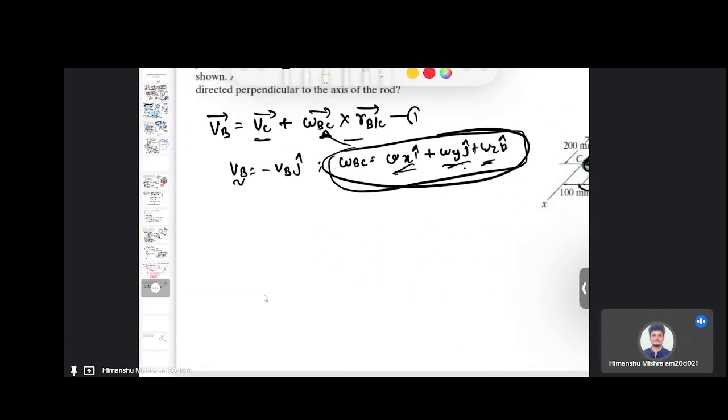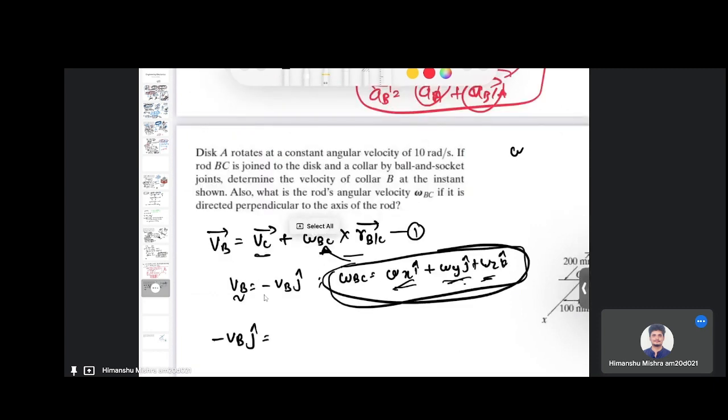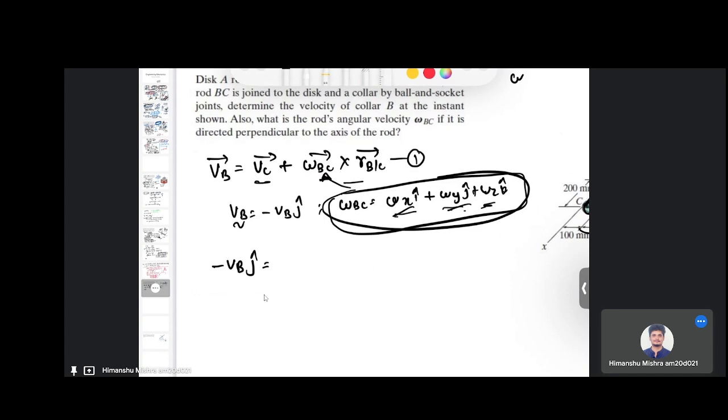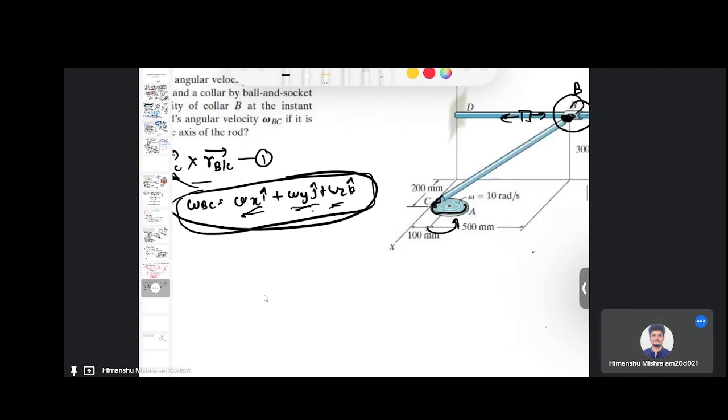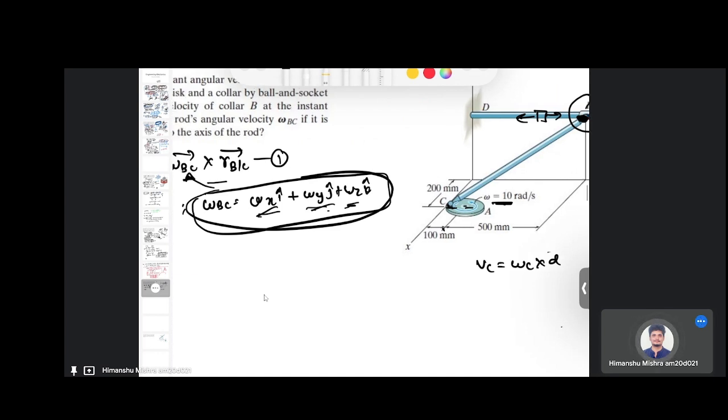So using this equation 1, we have minus VB j. Then what is the velocity of point C? Because we are given the angular velocity, the velocity of point C will be omega cross this radius of the disk, right?